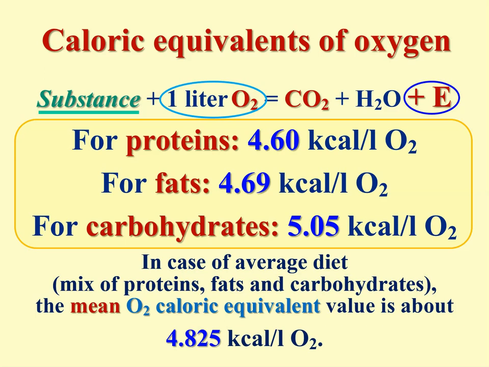You see, it's between the value of fats and the value of carbohydrates, because we usually do not oxidate only fats or only carbohydrates. So this value I recommend to memorize for calculations.